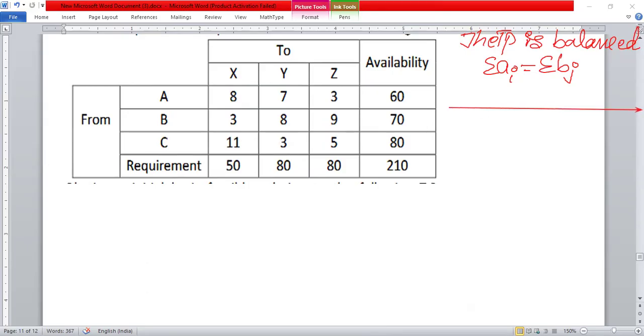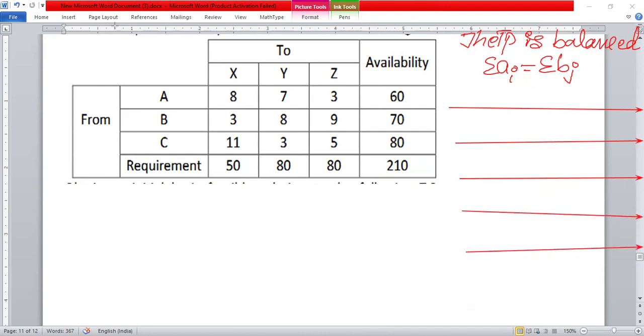Now, we always start at cell number 1, 1. If a row becomes 0, we'll move on to the column. If a column becomes 0, we'll move on to the row.